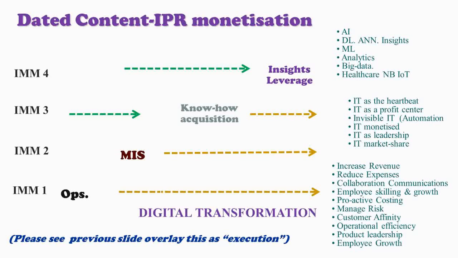So at level two, at block two, IT starts becoming the heartbeat. IT is a profit center. Automation is starting to be achieved. Your IT is starting to become invisible. You're recognized in your industry for your IT.